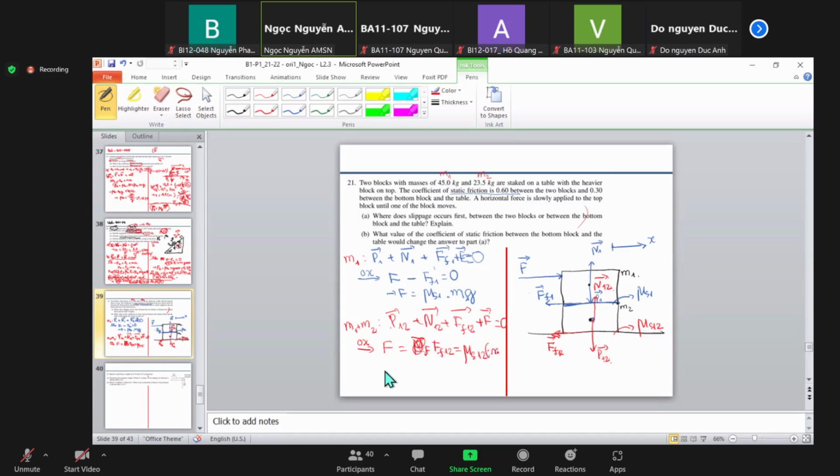Will be m1 plus m2 multiplied by G, right?